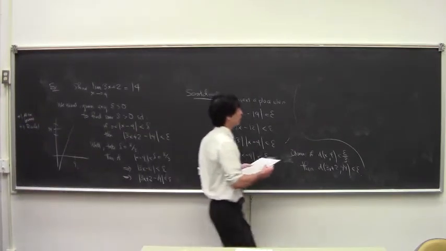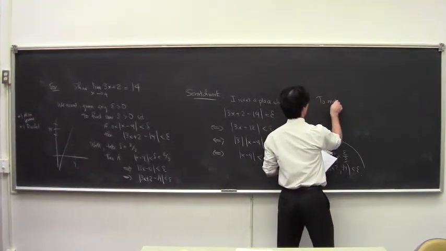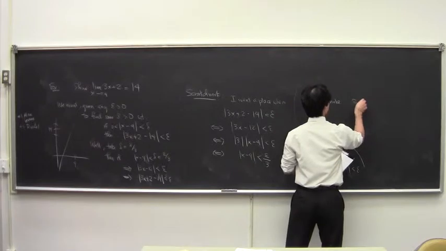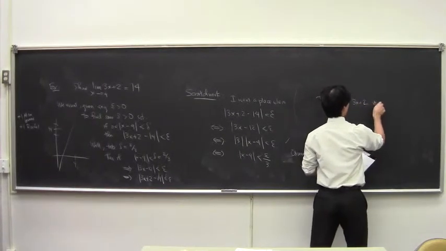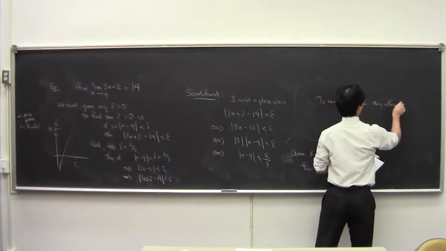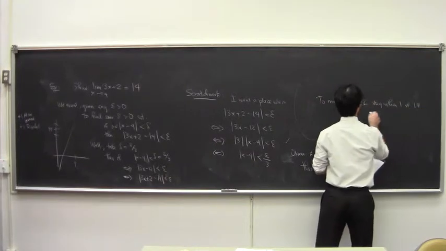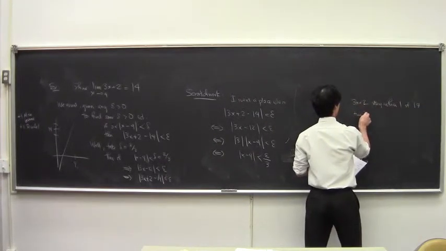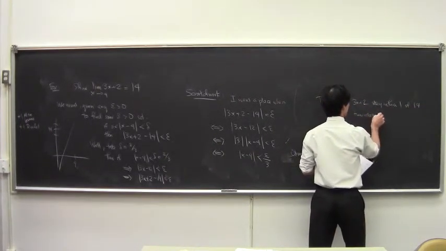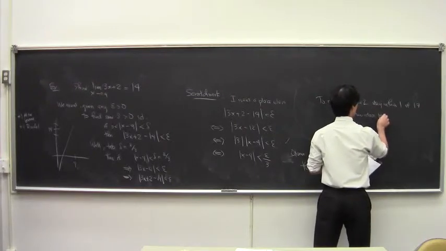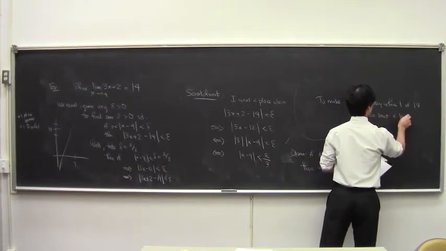So, to make 3x plus 2 stay within 1 of 14, how close, don't answer please, don't blurt it out. How close must x be to 4?